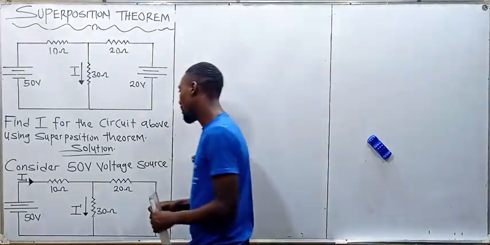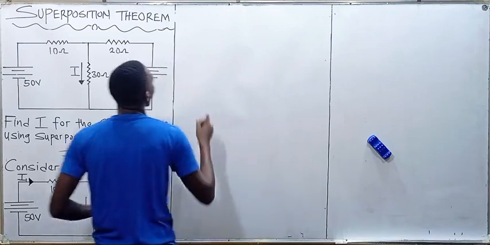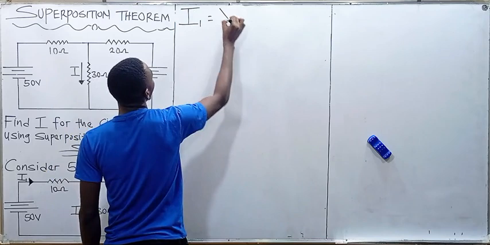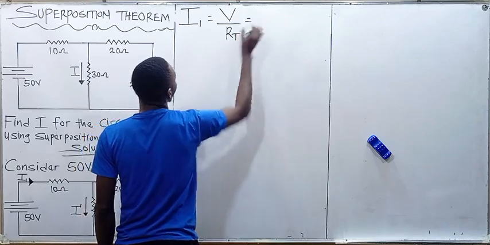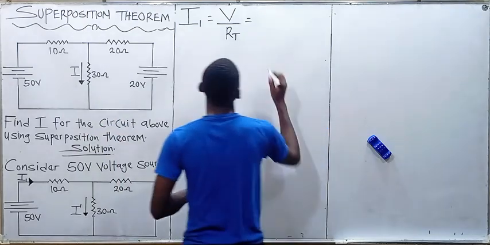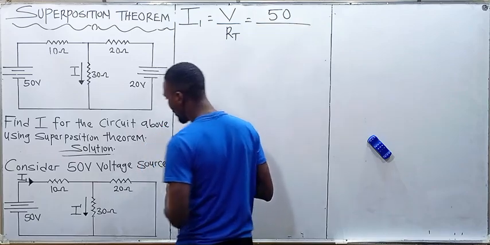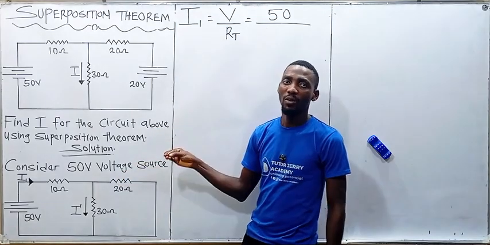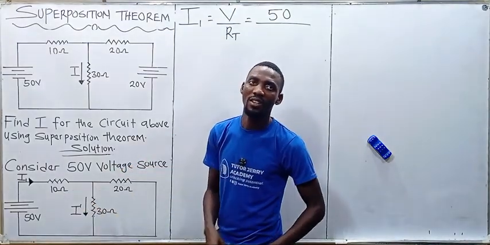Now let's find our I1. By Ohm's law, we know that I1 will be equal to voltage over the total resistance. The voltage is 50, so this is 50 all over. If you look at this, 20 and 30 are in parallel, and their combination will be in series with this 10 ohms that is here.